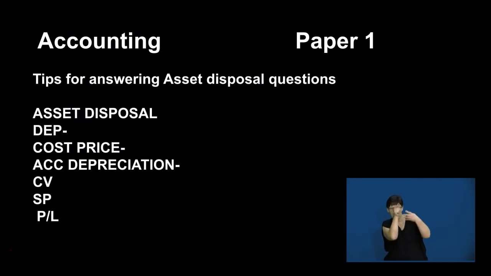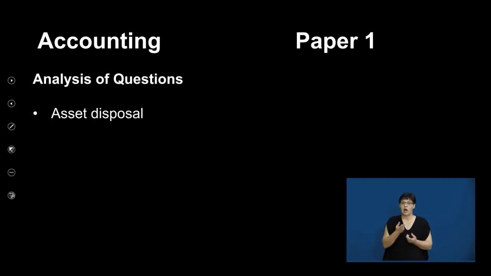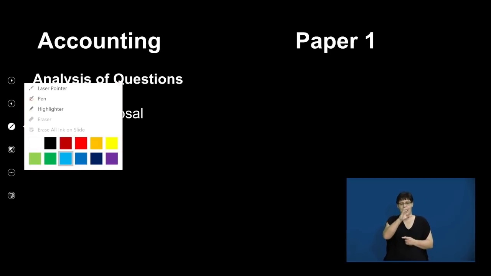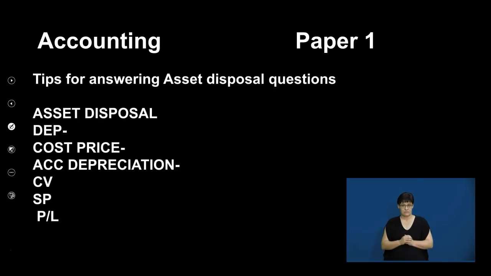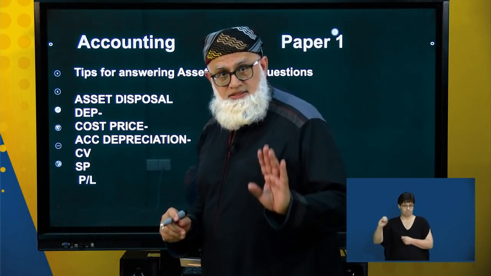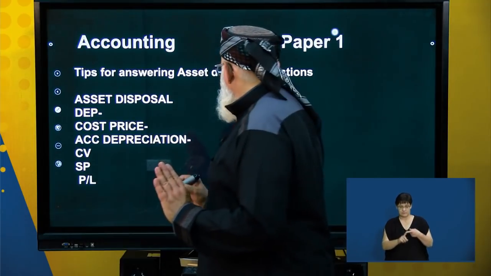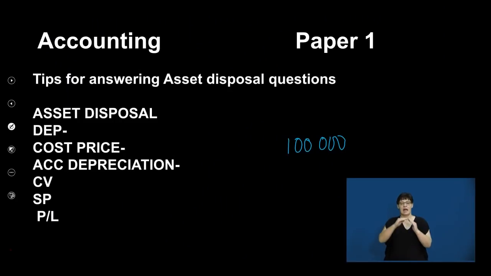Our cost price is 100,000. Okay, that's your cost price, got it? Now you bring in your accumulated depreciation, and your accumulated depreciation is 50,000.